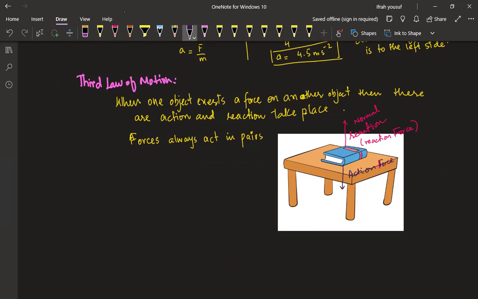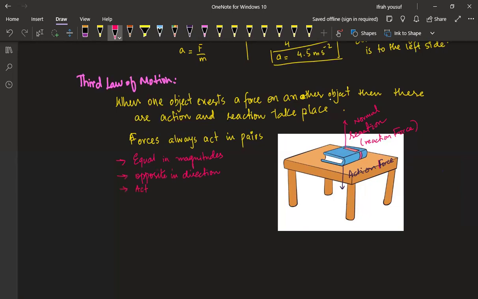So now we have developed this concept that forces always act in pairs, equal in magnitude, opposite in direction, and they act on different objects.